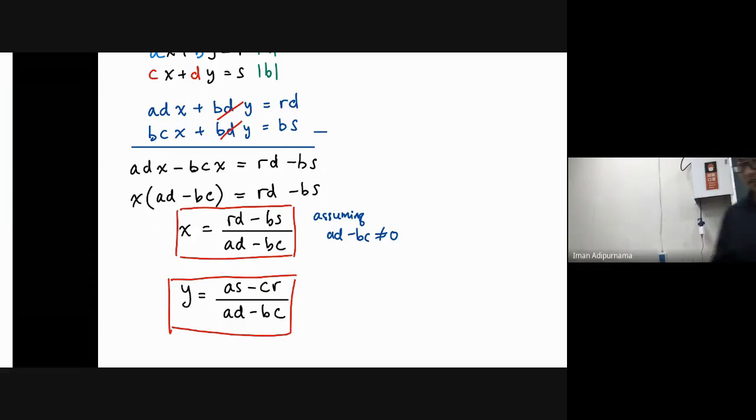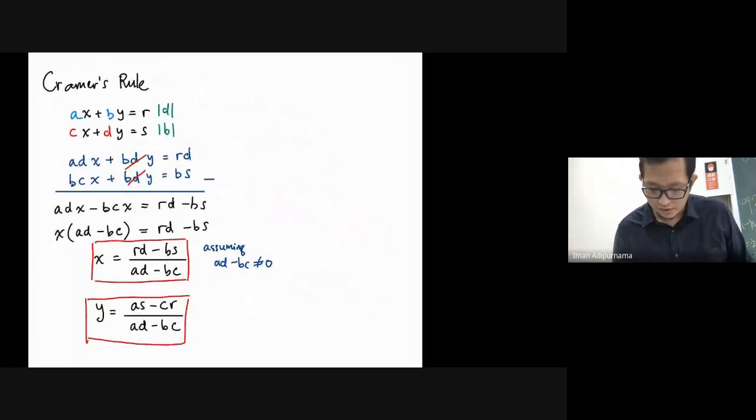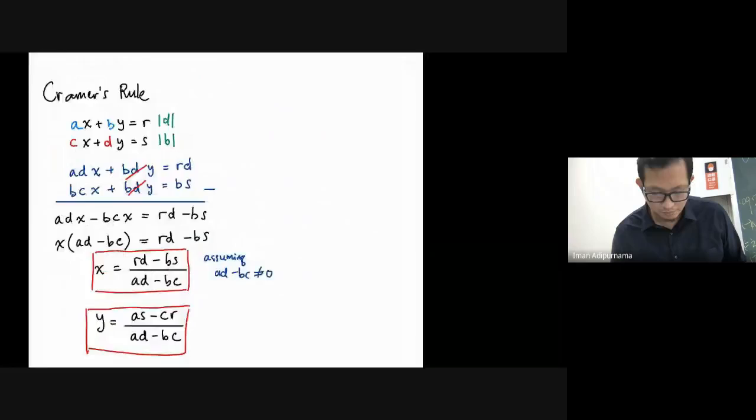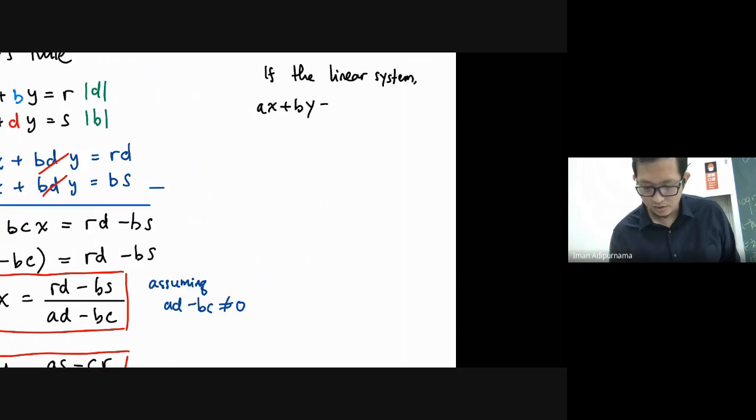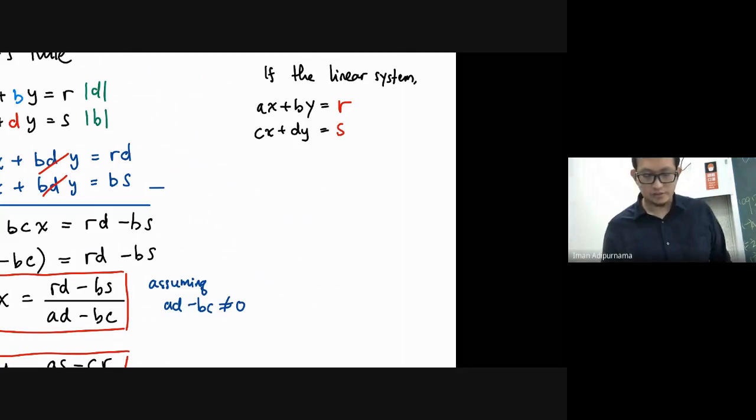So if we are writing the equations, for example, the linear system a x plus b y equals r, that's using red color, and c x plus d y is equal to s.